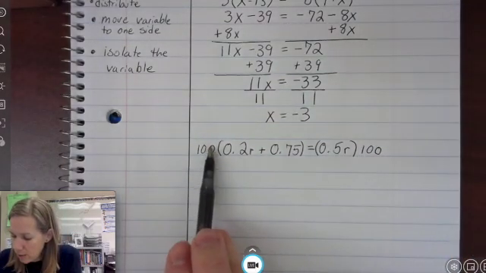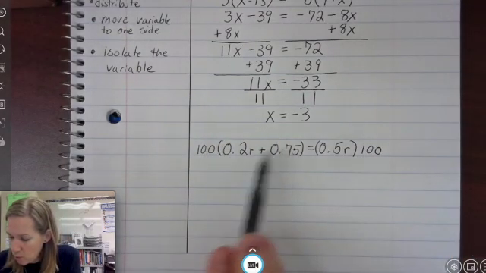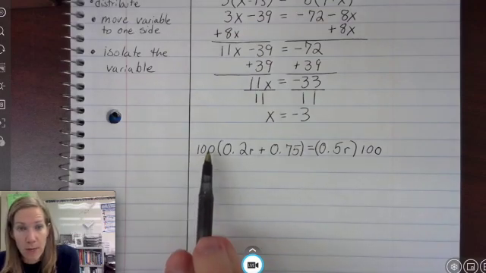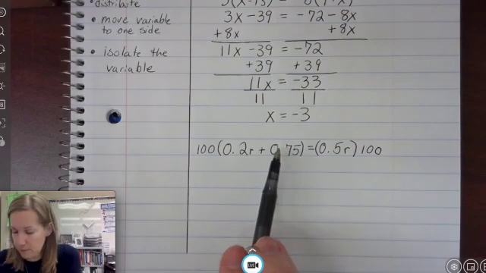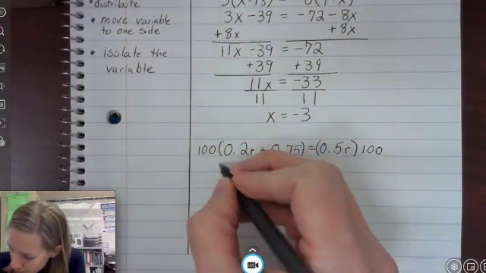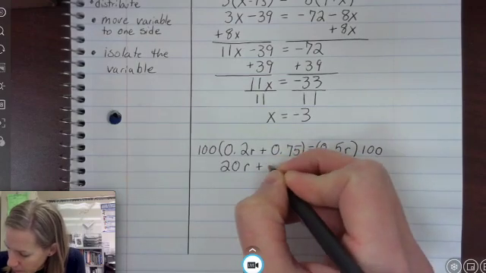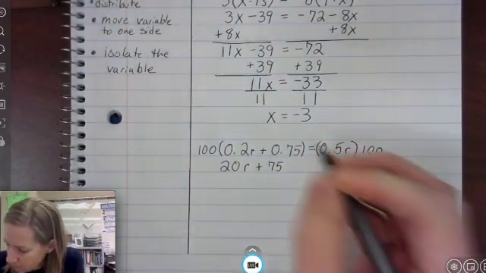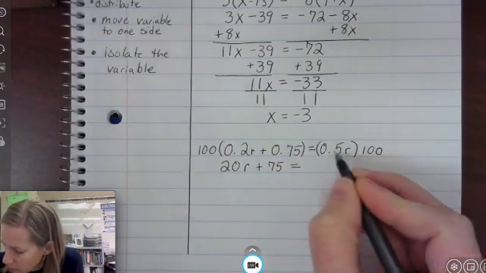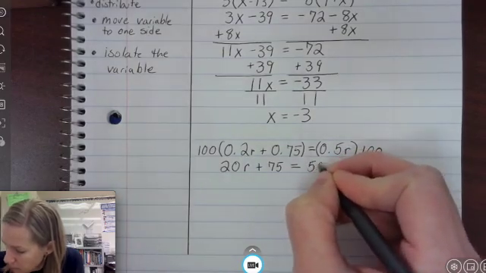Now, look here. This just looks like a normal distribution problem, right? You have to distribute this 100 to both terms within the parentheses. So this becomes 20r plus 75 equals 50r.